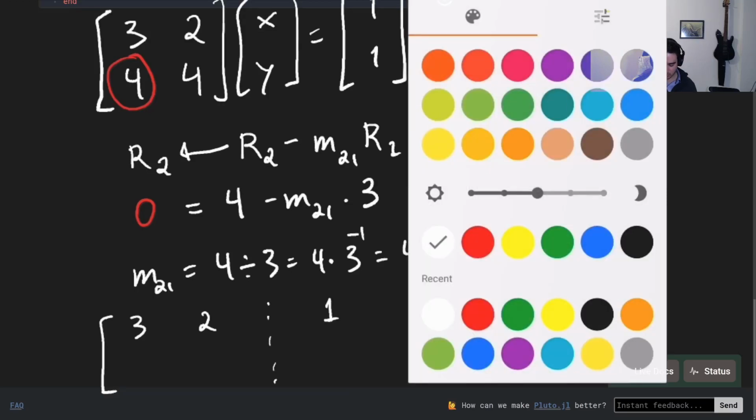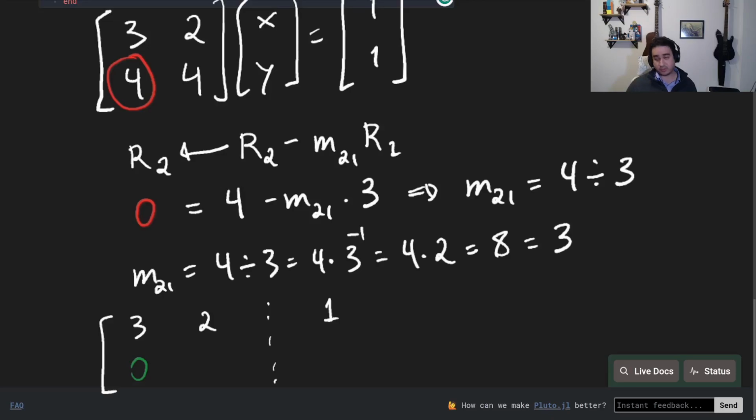The second row is 0. I'm not going to do the math here. You have to trust that we did everything correct. 4 minus 2 times from the first row, 3 from M21. And the right hand side is 1 subtracted of 3 times the first row as well.